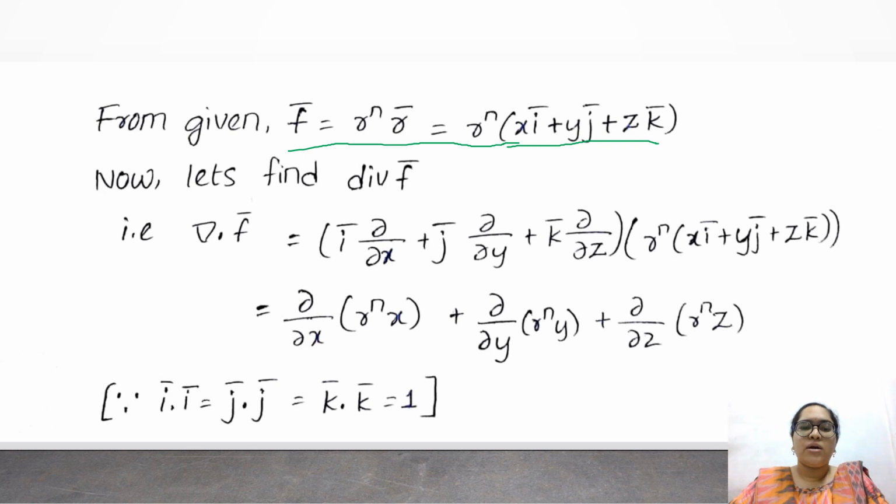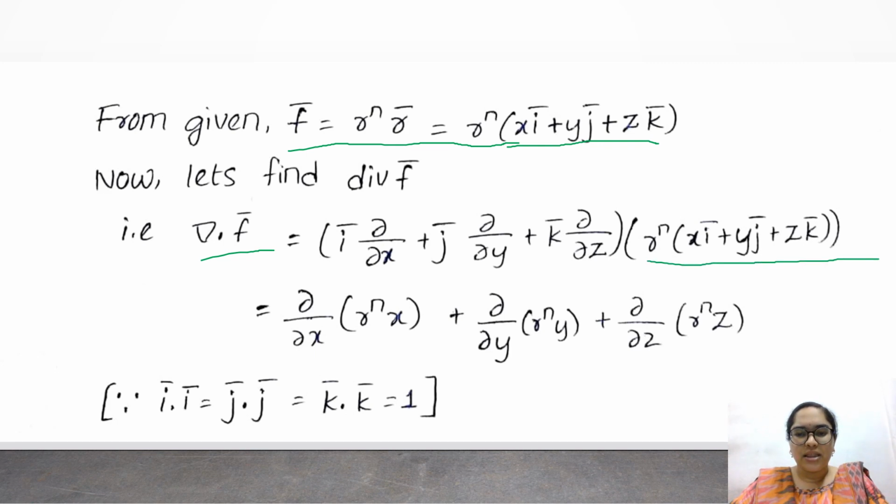Now to find the divergence of f bar, that is del dot f, we know that del is i bar into dou by dou x plus j bar into dou by dou y plus k bar into dou by dou z, and this whole thing is the f bar function.